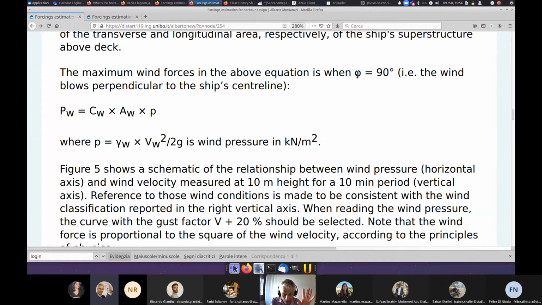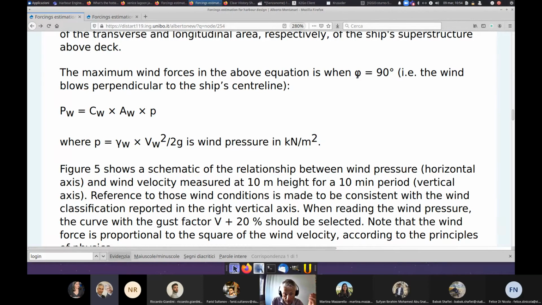this is the max wind force, because if you have the wind acting against the bow or against the stern, the transversal exposed area of the ship is lower than the longitudinal exposed area.